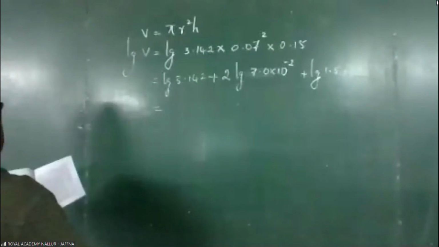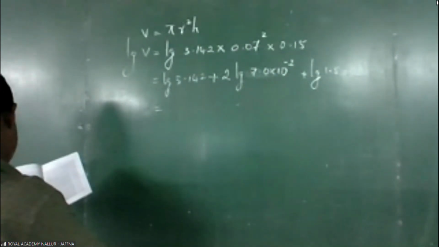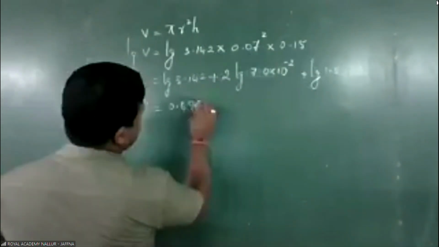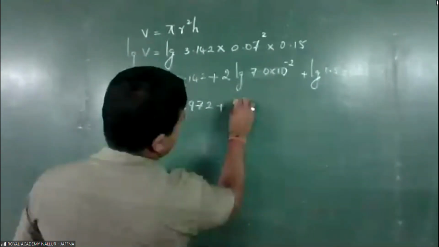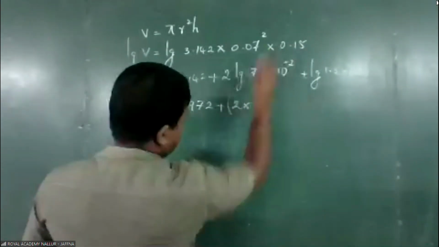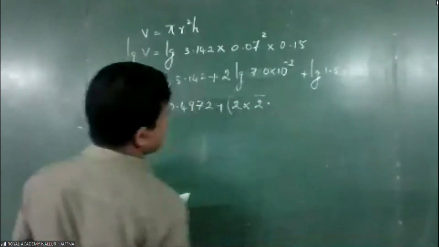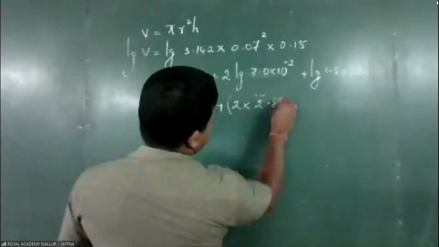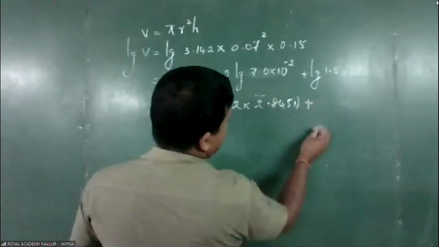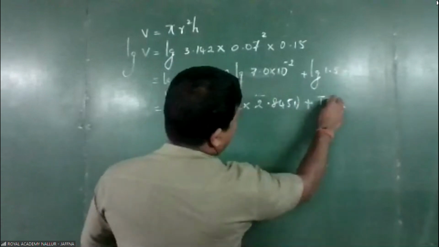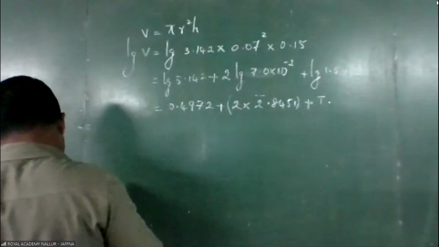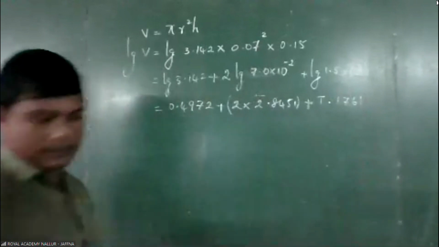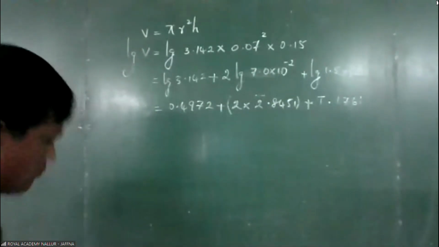Log 3.142 is 0.4972. Here 2 times negative 2 becomes bar 2 point, log 7.0 is 8451. Plus, 10 to the power negative 1 becomes bar 1 point, logarithm of 1.5 is 1761. These are the logarithmic answers, right?